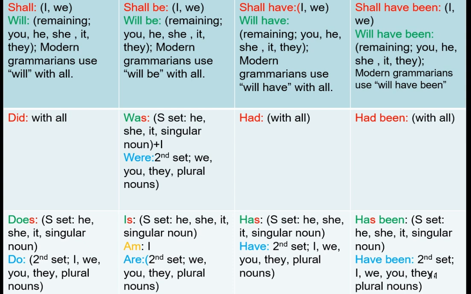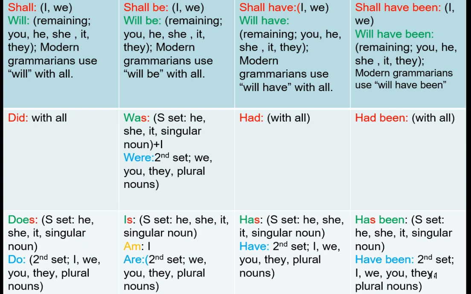Now I has been eliminated, removed. Look at has. S set is applied, he, she, it, singular noun. Have, second set, I, we, you, they, plural noun. Has been, S set is applied, he, she, it, singular noun. Have been, second set, I, we, you, they, plural nouns are applied.